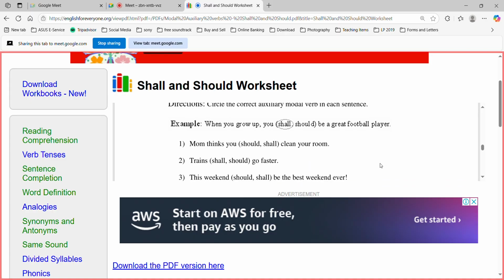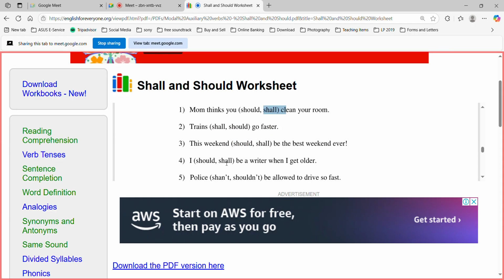Please choose between should and shall for your answer in this sentence. You must do one until number five. Once you are done, inform me and make sure you read the question carefully before you choose the correct answer.